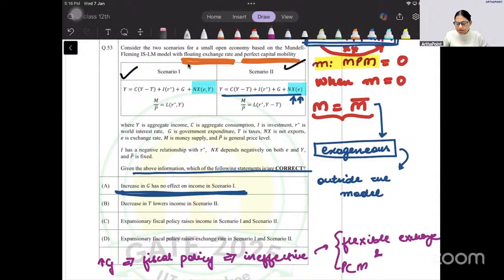You remember this case of the Mundell-Fleming model? We have done 12 cases. Out of those 12 cases, this I think was case number 3. When we talk about an increase in government expenditure, meaning fiscal policy, it is ineffective when flexible exchange rate and perfect capital mobility are there. It will have no effect on income, so this is true.